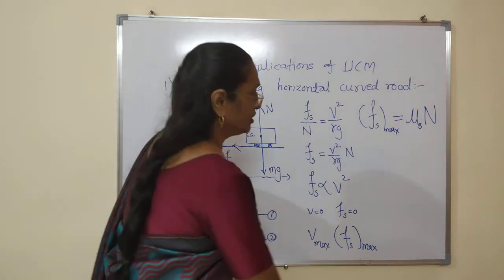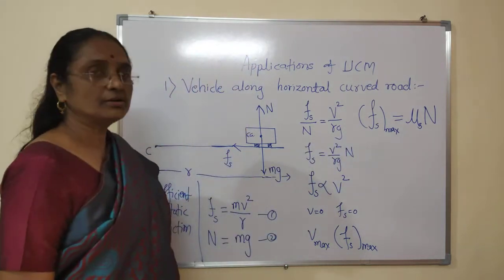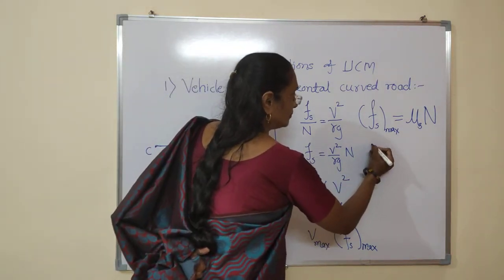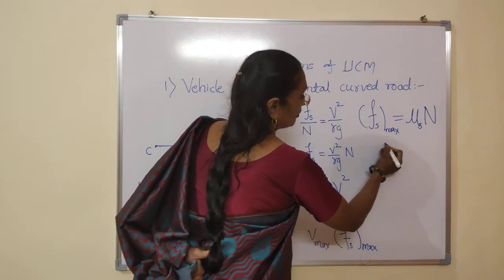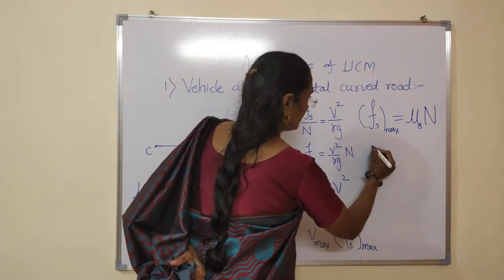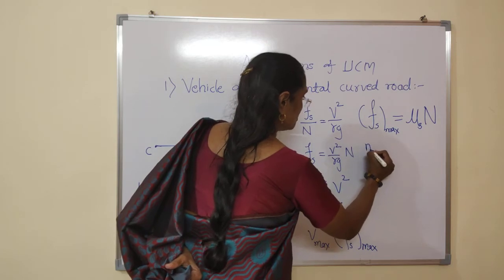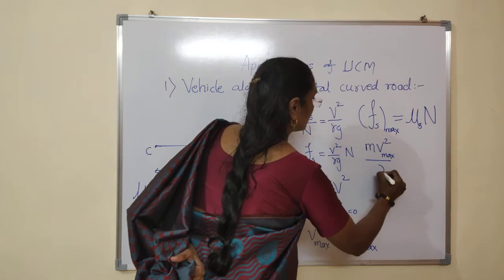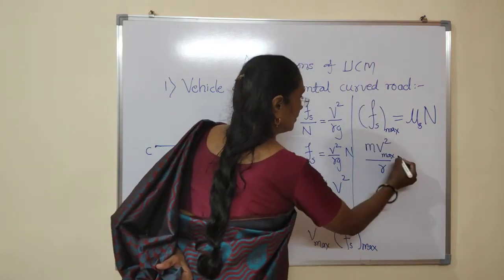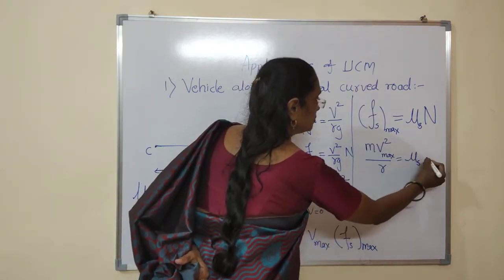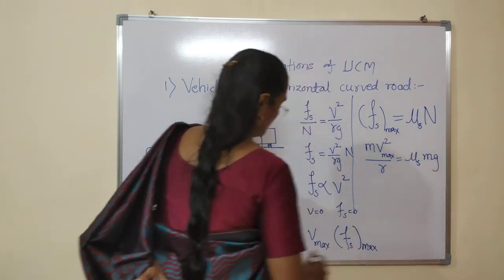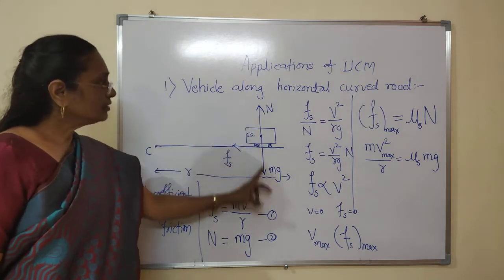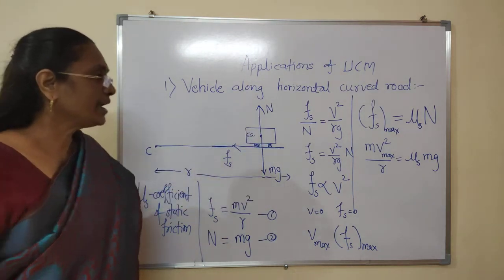Now from this relation, substitution gives us the equation for maximum speed limit. Here Fs can be substituted as m v_max²/r. It is equal to μs × mg, because as shown in the diagram, N is balanced by mg.